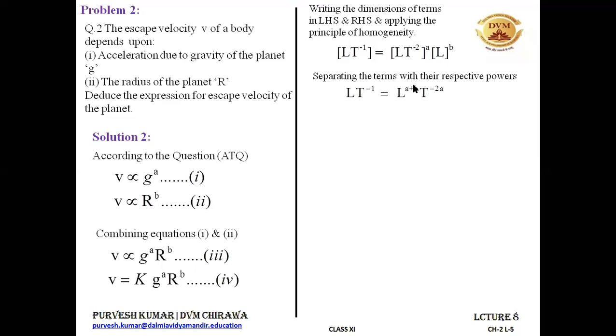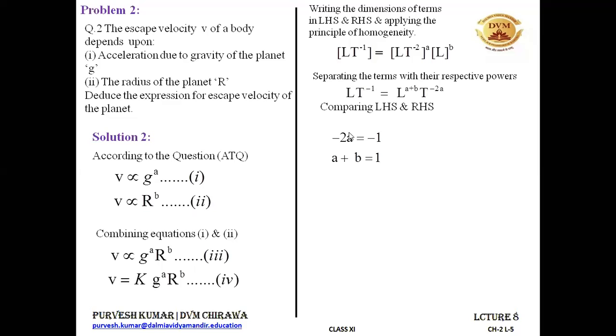Now when you compare both sides, a plus b is equal to 1 because L has power 1 on the left hand side, and T has power minus 1 on the left hand side and minus 2a on the right hand side. So you can write it very clearly: minus 2a is equal to minus 1 and a plus b is equal to 1.